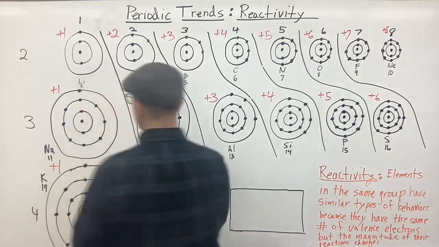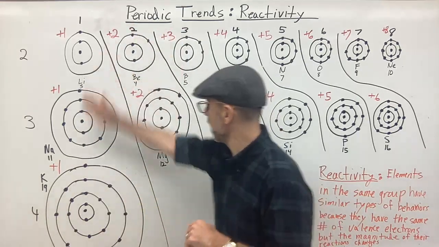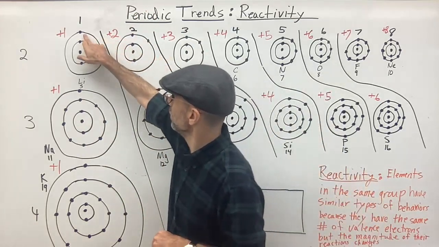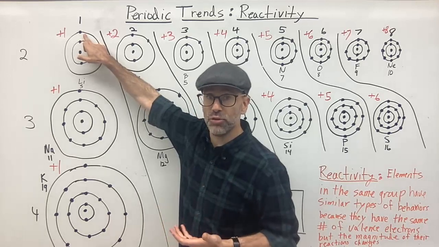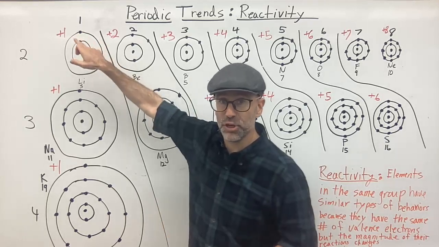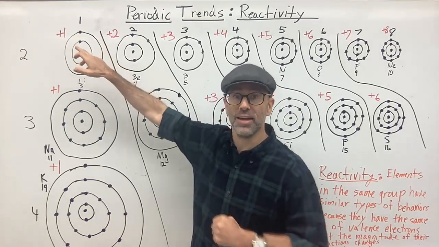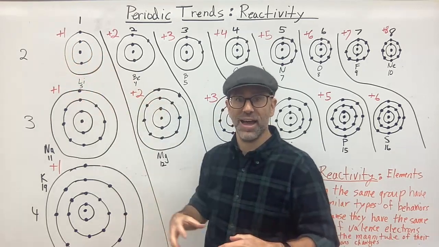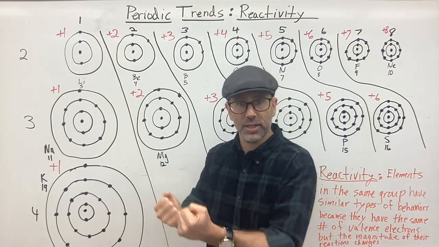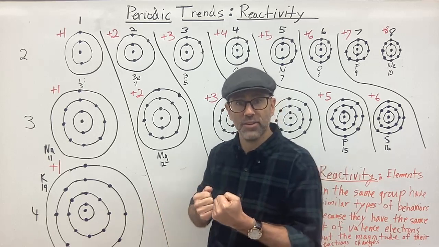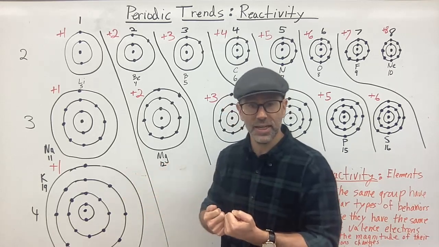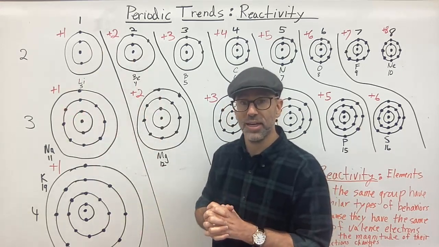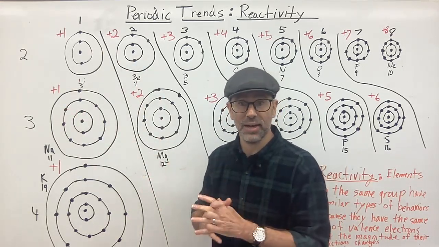When we're thinking about metals, on this side we've got metals. Because the metals want to lose electrons, the easier it is to remove that electron, the more reactive it would be. If reactivity is how badly, how quickly, or how strongly it wants to get rid of or take an electron, then for metals, we're looking at how easily it can get rid of that electron.